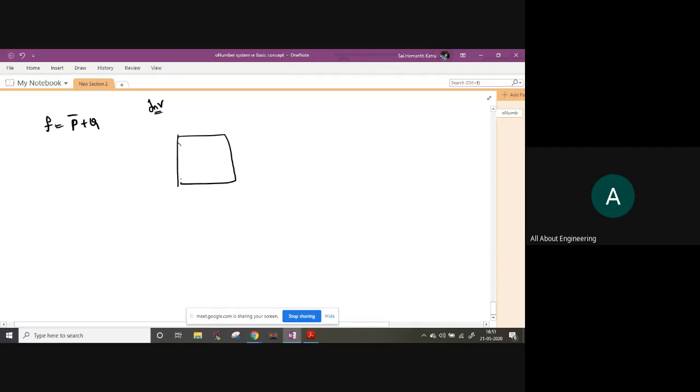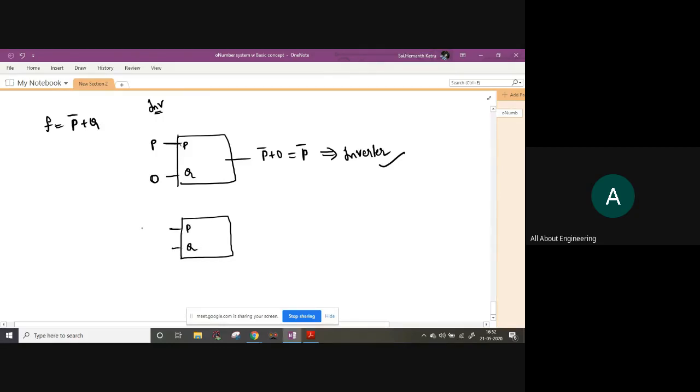See, this is my input P and this is my input Q. Now, if I connect 0 here, as usual P, then the output will be P bar plus 0, which is P bar. So I got an inverter, right? Done. Okay, beautiful. Let's see the other thing. Now once I have the inverter, I can do anything, right?